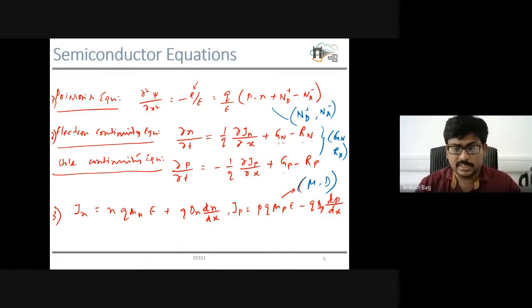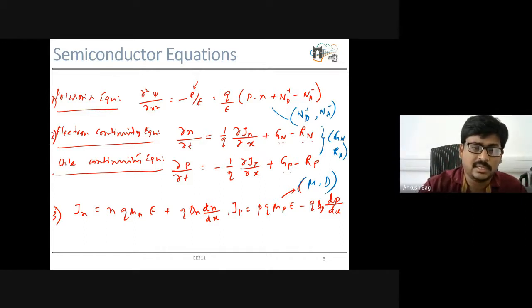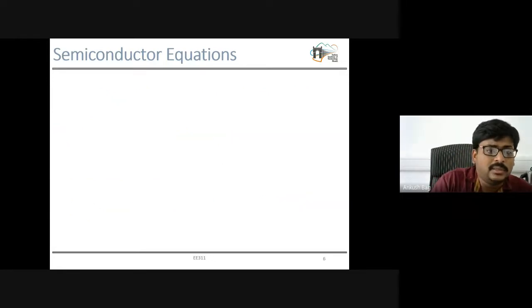So now let us discuss how these equations come about, what is the concept behind them. First, Poisson's equation. Poisson's equation is actually Gauss law.